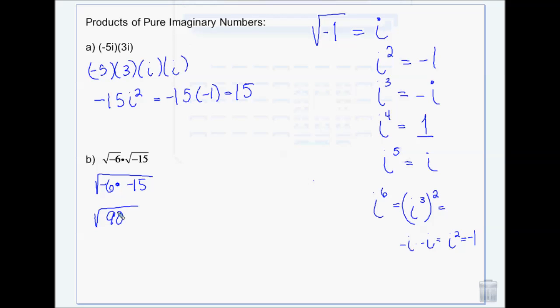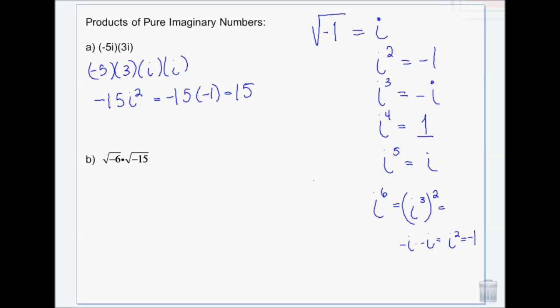So it's the square root of 90, 3 times the square root of 10, because 90 is 9 times 10, and 9 is a perfect square, and 3 comes out. Nope, I did that wrong. I lied, so we'll fix it.